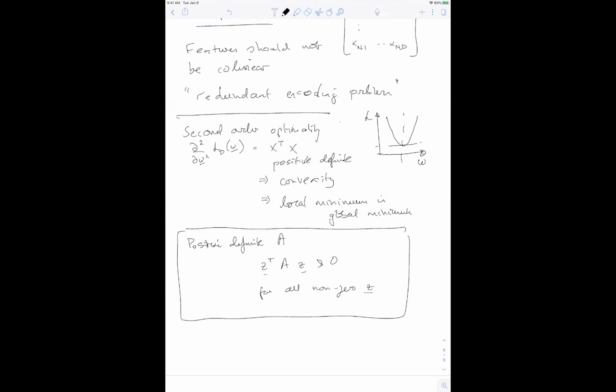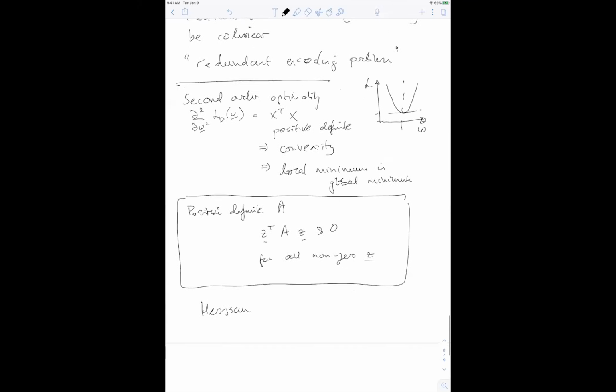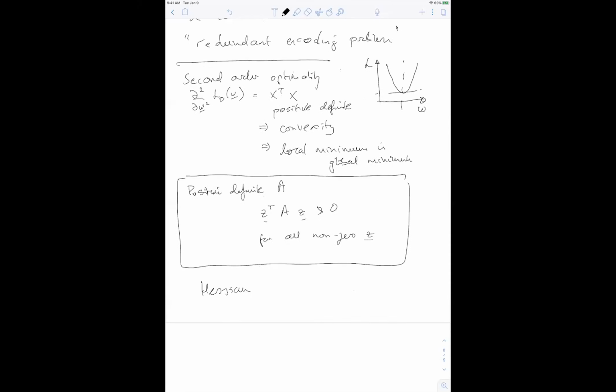Yeah, and when we're doing multivariable calculus, unfortunately, the second derivatives do become a matrix. You have to think about the Hessian. I'm not going to spend time going over that, but if you read about the Hessian matrix, it's a matrix of the second derivatives, and that matrix has to have the right structure.